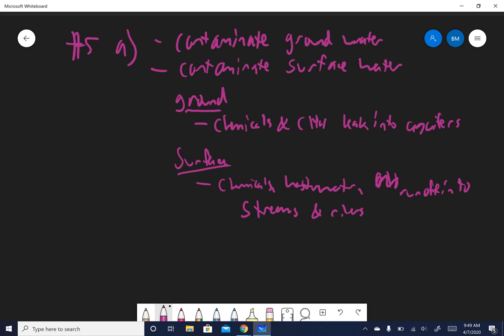And the third thing I thought of was the overuse of water, right? Using water that we could use for other things, to drink, irrigation, whatever it is. So your explanation would be using water resources to frack and get natural gas out instead of for other things that we need it for. So there's 5A.